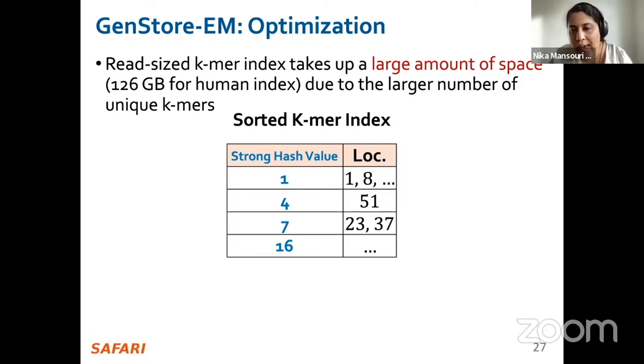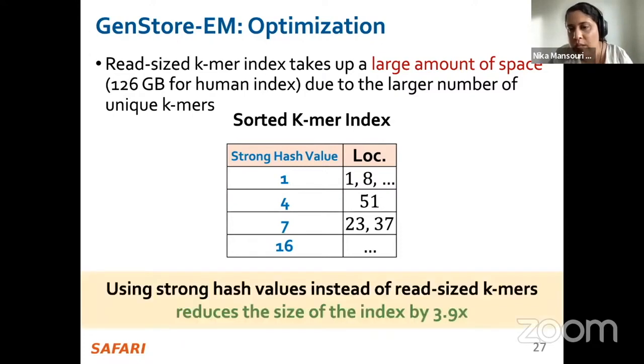Using strong hash values instead of read-size k-mers reduces the size of the index by 3.9 times. While this index is still larger than a baseline k-mer index using conventional read mappers, our proposal is feasible for in-storage processing due to the large capacity and high internal bandwidth of modern NAND flash-based SSDs.